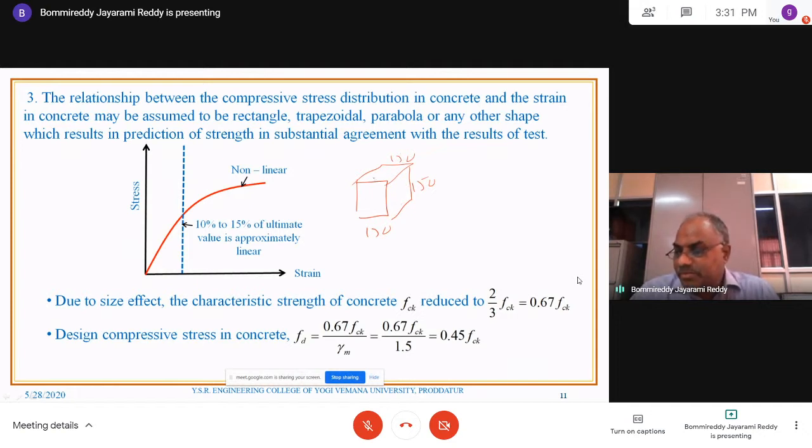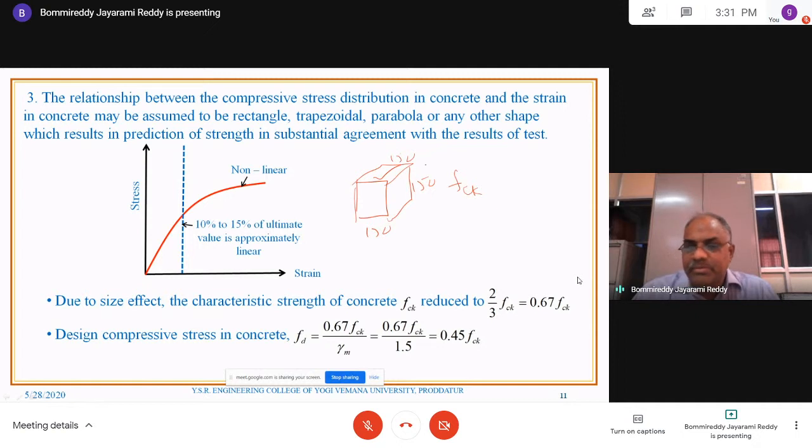So this is the laboratory testing of the cube compressive strength, and basing on that we are going to evaluate fck, the characteristic strength of concrete. And whatever the strength that is obtained for the 150 cube is not exactly for the practical field, because in the practical field the size of the member is more than 150.